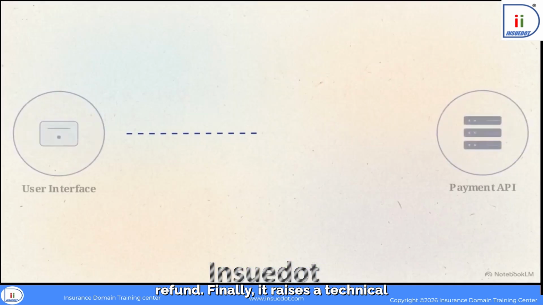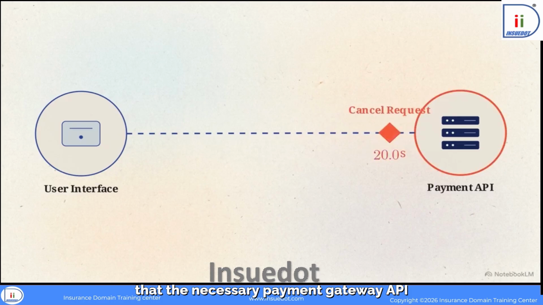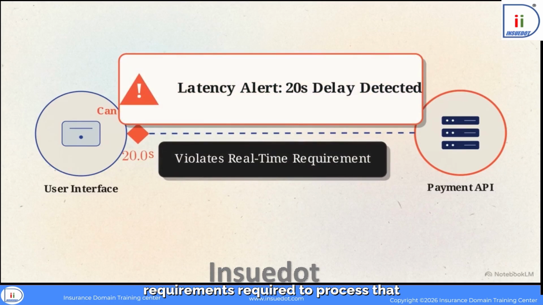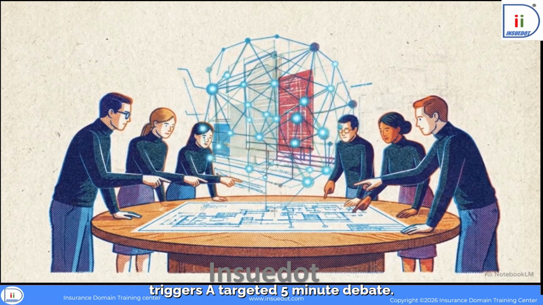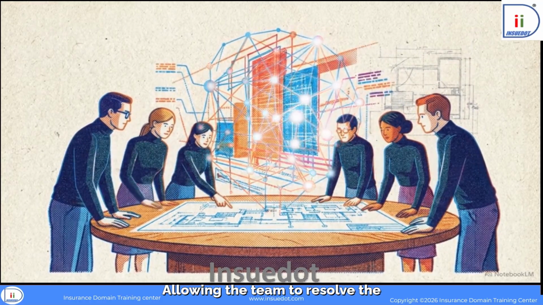Finally, it raises a technical feasibility alert. Its memory banks show that the necessary payment gateway API cannot meet the real-time latency requirements required to process that instant cancellation. Left unchecked, these 3 gaps would eventually create a code merge disaster. Instead, the AI triggers a targeted 5-minute debate, allowing the team to resolve the architecture on the spot.